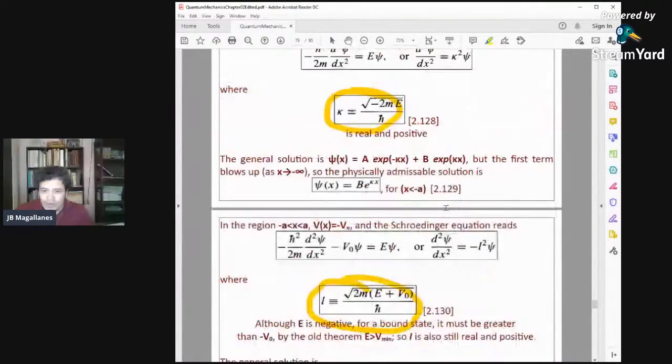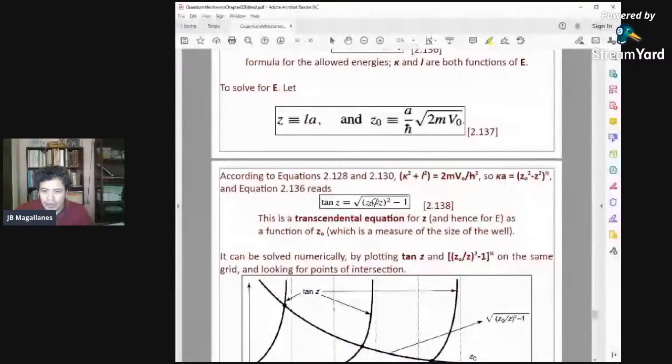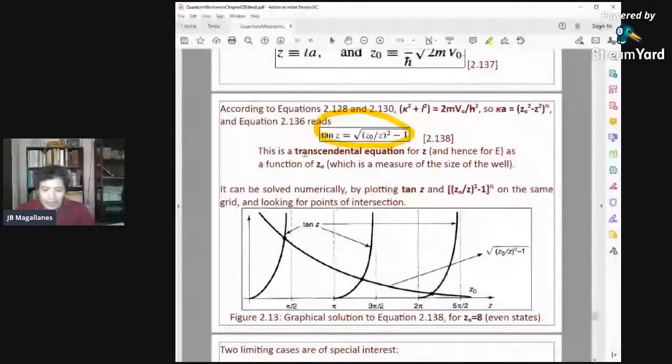So kappa over L will just give you the square root of Z0 squared over Z squared minus 1. So you have this equation, and this is a transcendental equation. This means that it is satisfied by the graph of this and the graph of this, and you get the intersection.